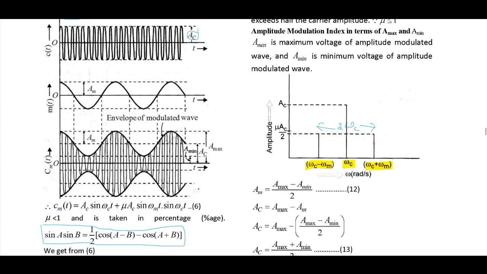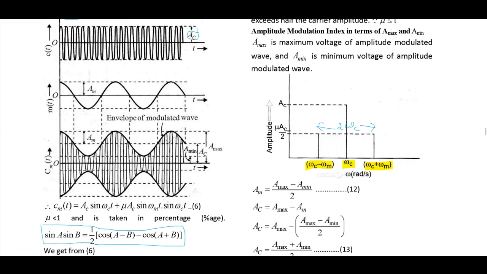Now let us have a look like this. The modulating wave is put on the upper part, the positive y-axis, so we get a wave like this.